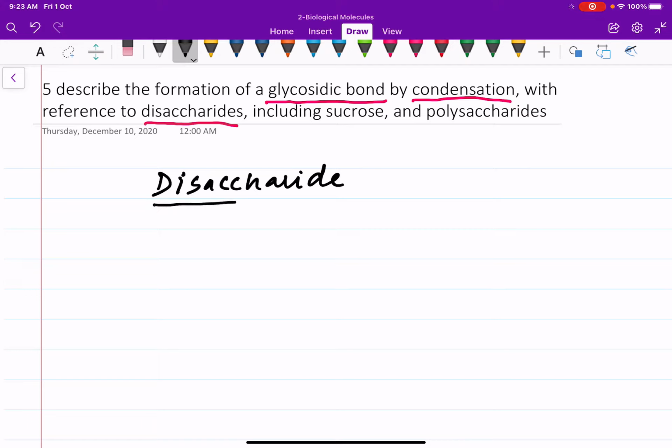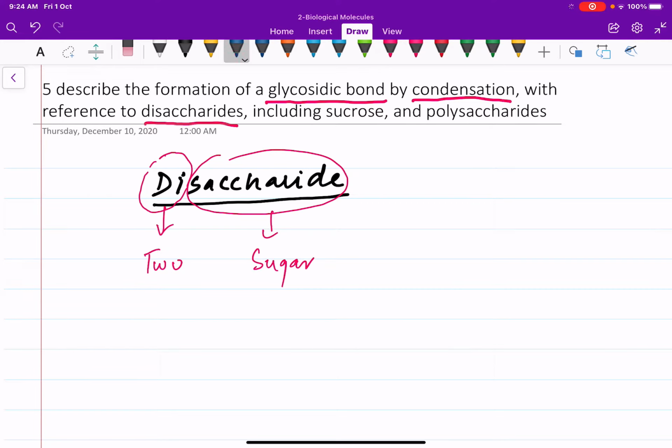A disaccharide is a simple sugar which consists of two simple sugars joined together, or two monomer units joined together by condensation or by a glycosidic linkage. Di means two, and saccharide means sugar.